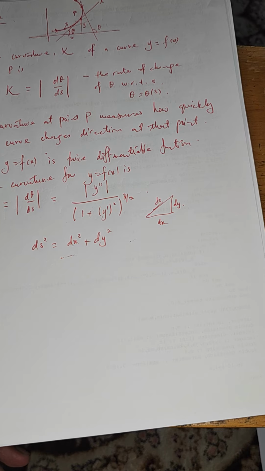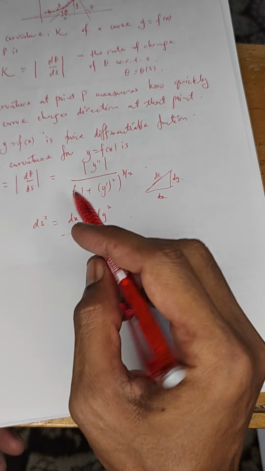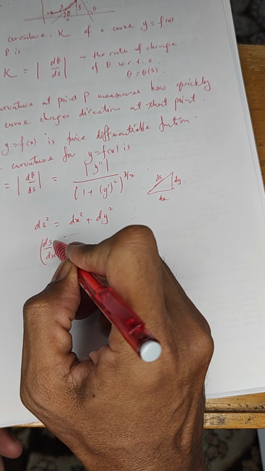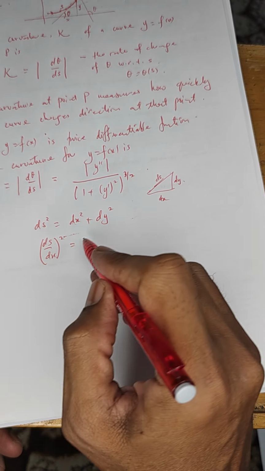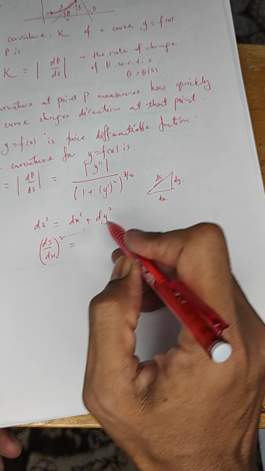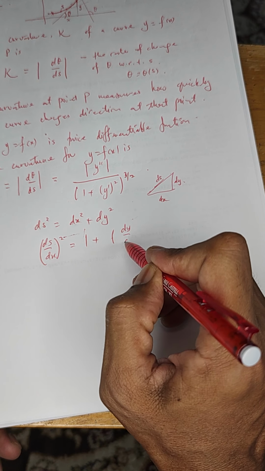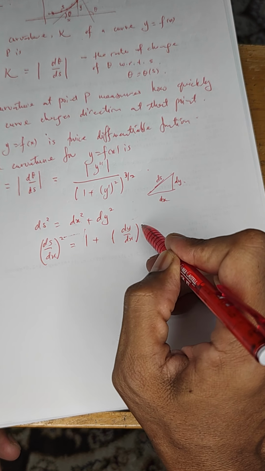What we have then is ds over dx equals the square root of 1 plus (dy over dx) squared.